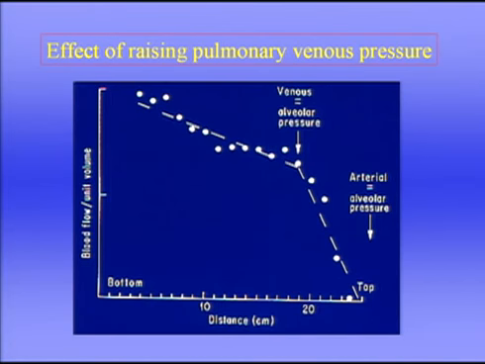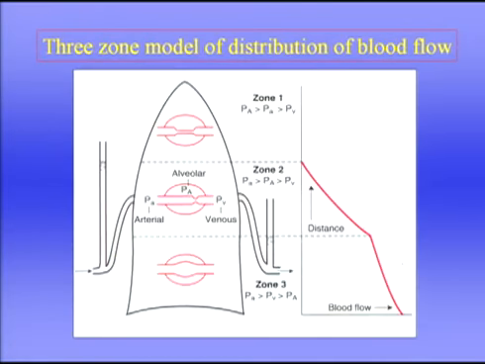And we can put all those measurements together in a three-zone model of the lung, which is shown here. In this three-zone model, we're dividing the lung into three zones based on the relations between the arterial pressure, the venous pressure, and the alveolar pressure.